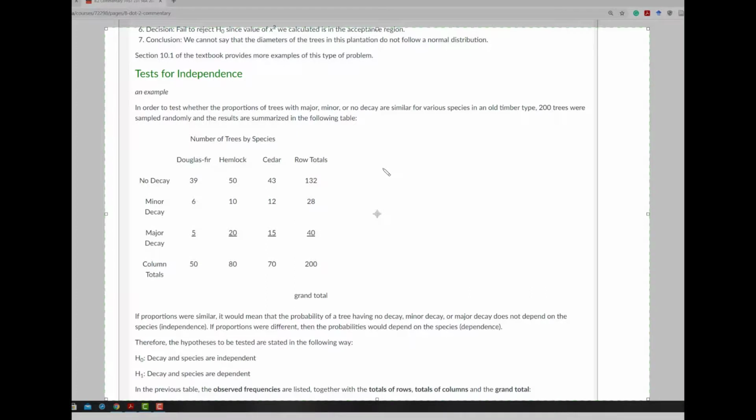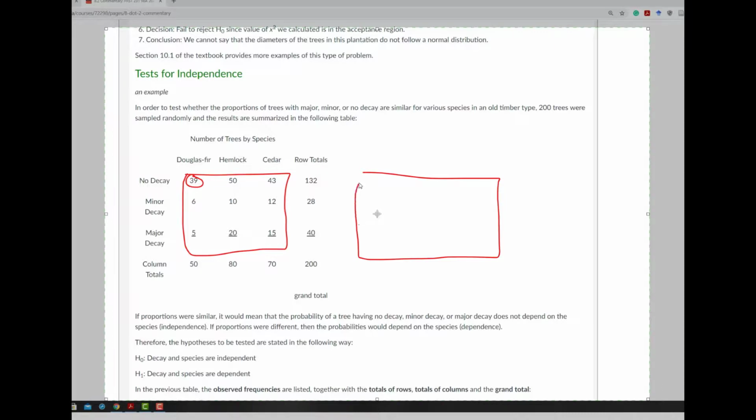So to find the expected value for each of these values, that means each of these 9 values, we need to create another table.